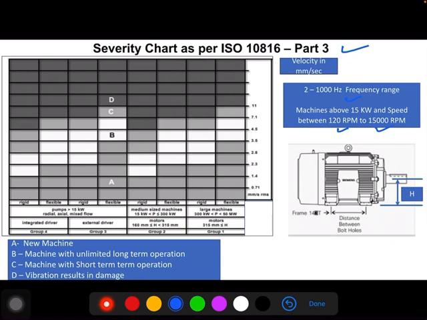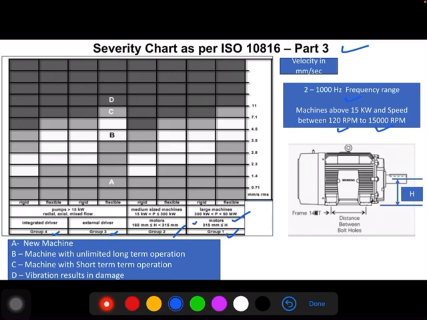In part 3 we have 4 groups: group 1, group 2, group 3 and group 4, and these are broadly classified by the motor frame size. For example, in group 1, the motors having frame size more than 315 mm. This is the frame size I have mentioned here.